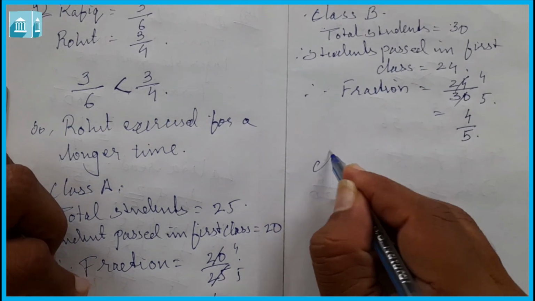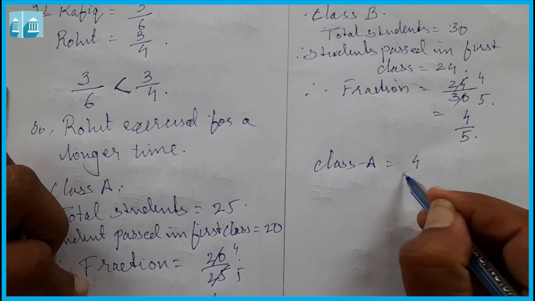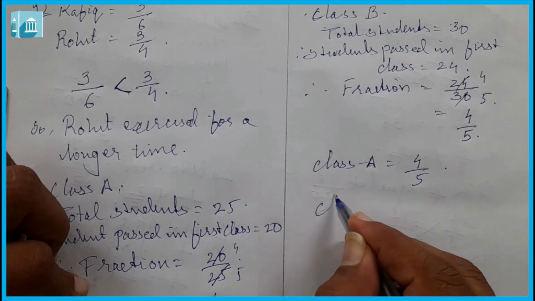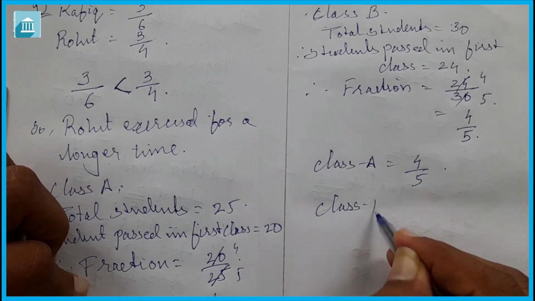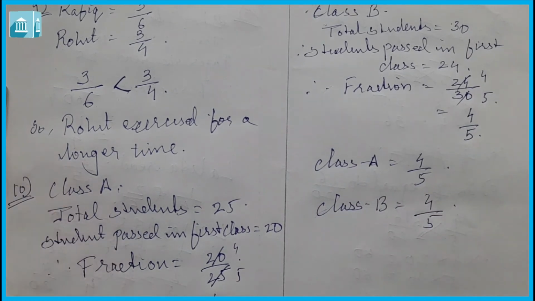So we can say class A fraction is 4 upon 5, class B fraction is 4 upon 5. In which class was the greater fraction of students getting first class?